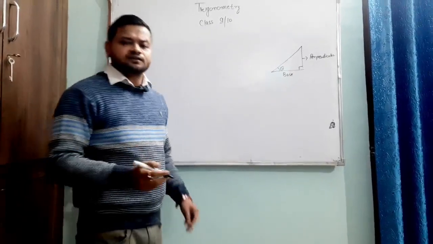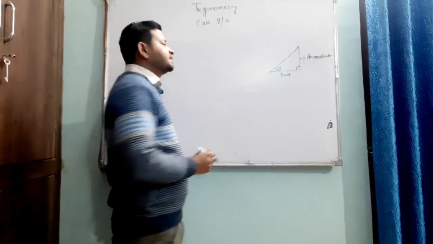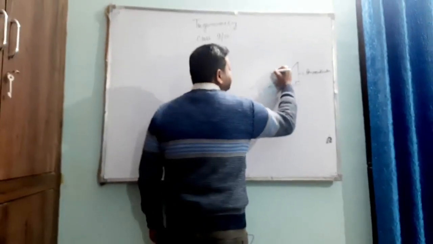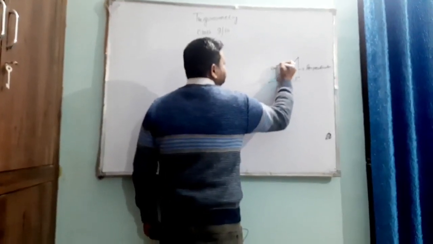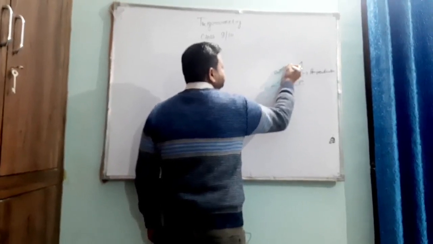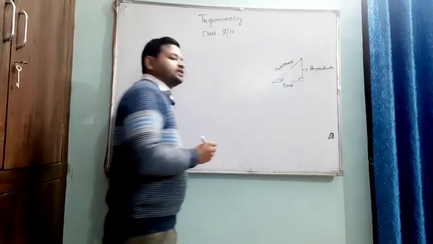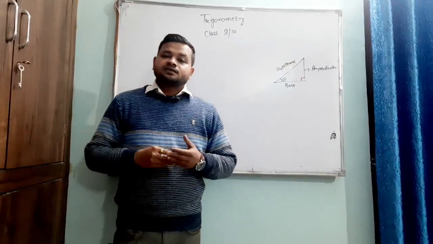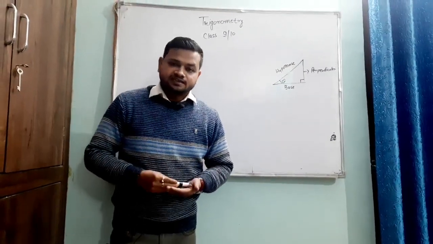Acute means an angle which is less than 90 degrees, and this side is known as hypotenuse.